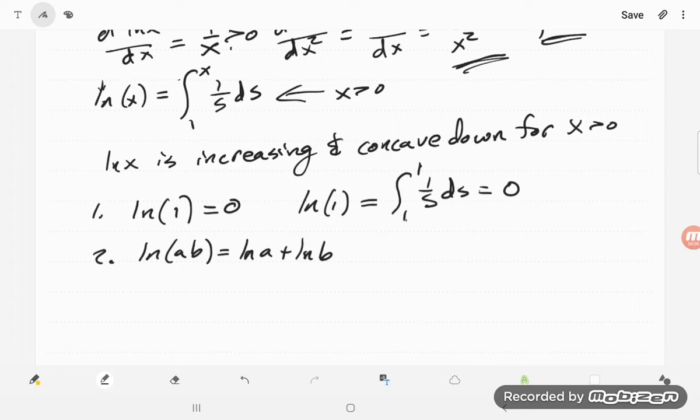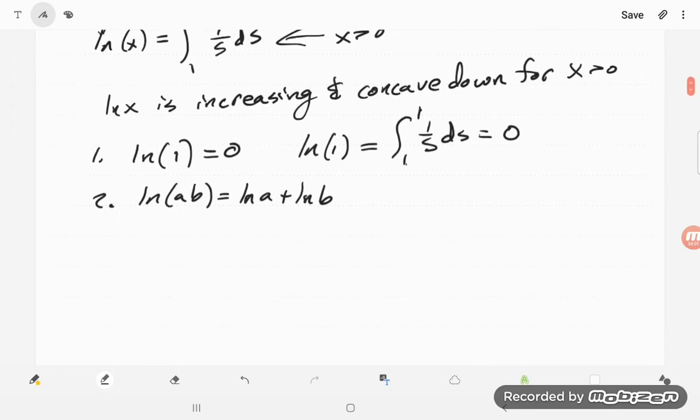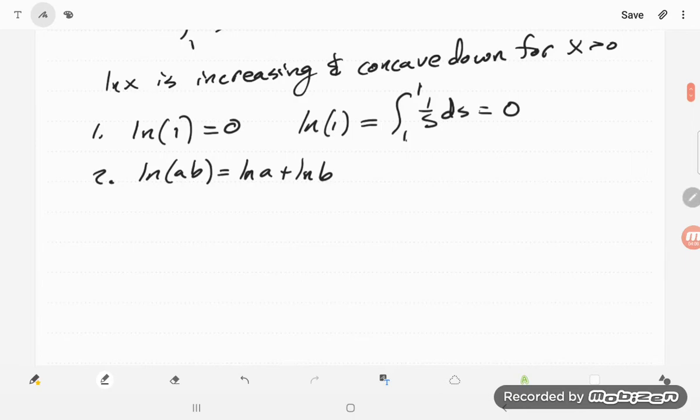In order to prove that natural log of a times b is natural log of a plus natural log of b, what the authors do, and I think this is a really nice way to look at it, is they take the function natural log of ax and take its derivative.